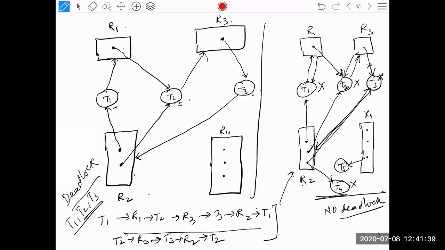Now, what is the takeaway from this? One, whenever each process or thread requires certain resources to get executed, because resources are shared, it may have to wait for certain resources which are actually acquired by some other processes.